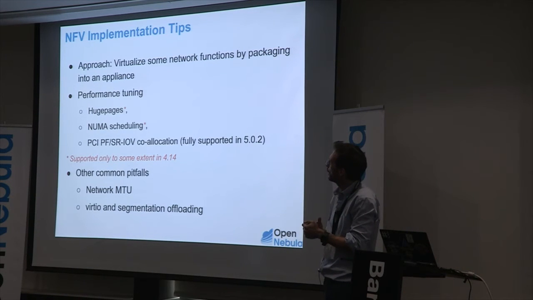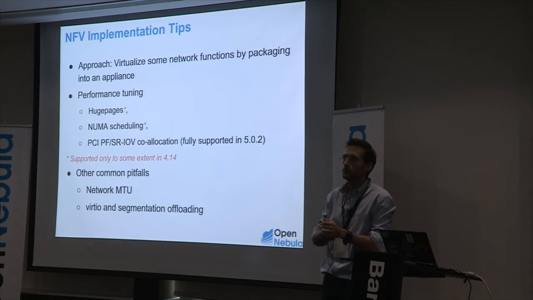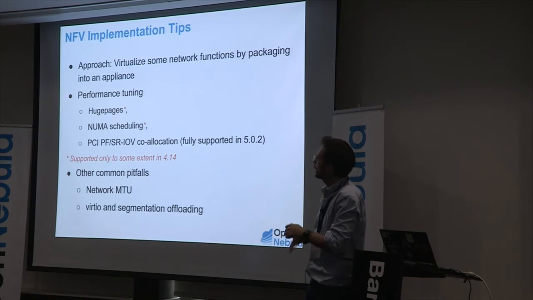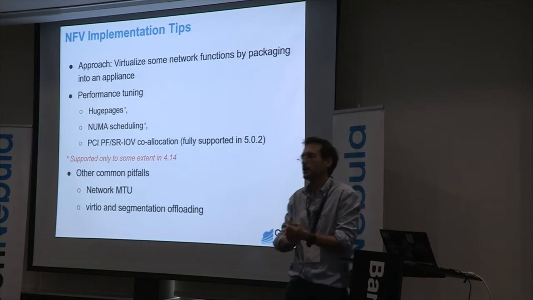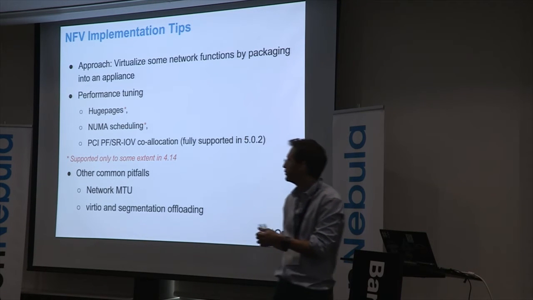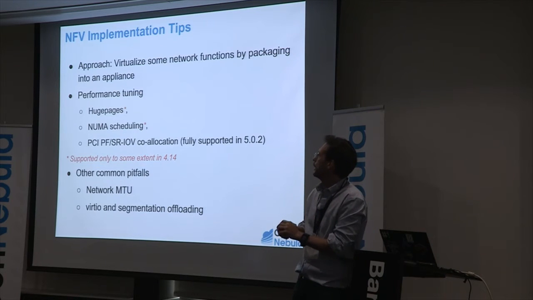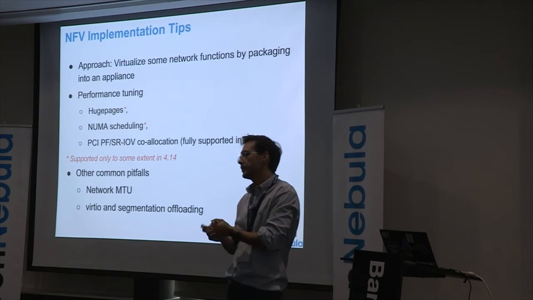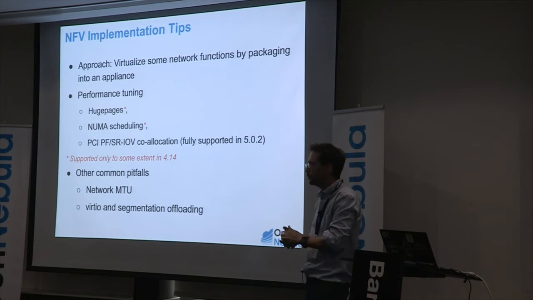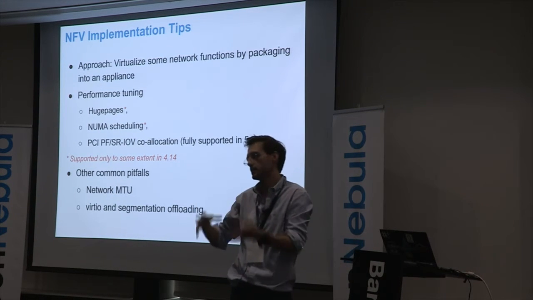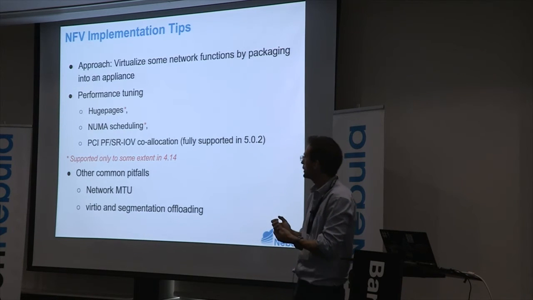If you do that, you need to virtualize network functions which really require performance. There are a couple of tips that you need to consider. The first one is to enable huge pages in your hypervisor. Sometimes you have to consider the NUMA scheduling, so to allocate the virtual machines and memory pages in the same NUMA nodes to get performance.